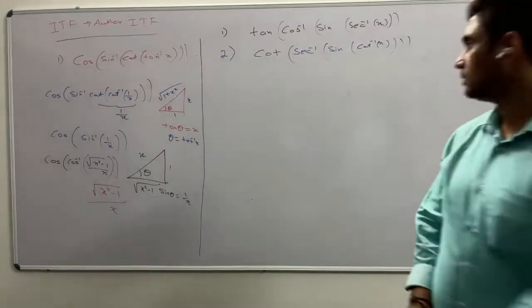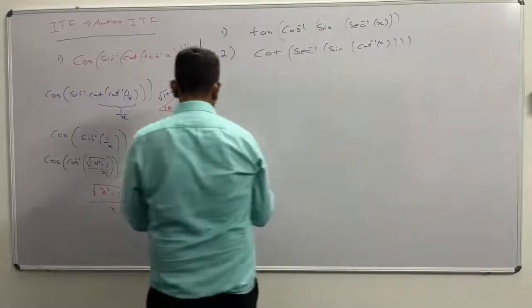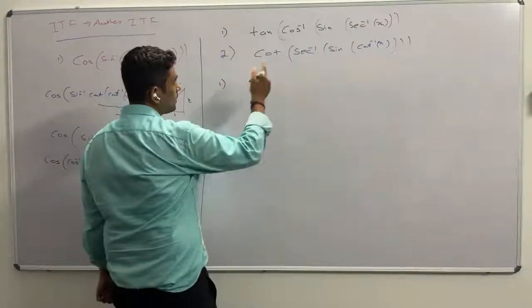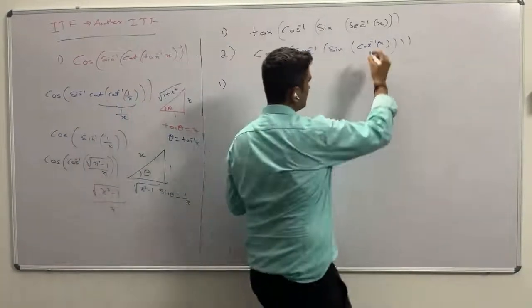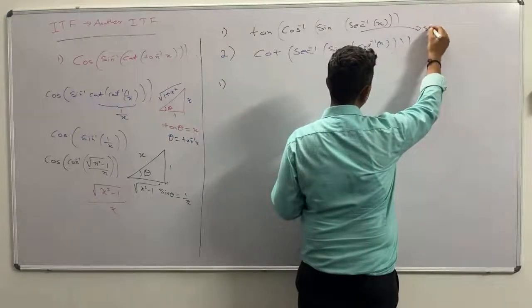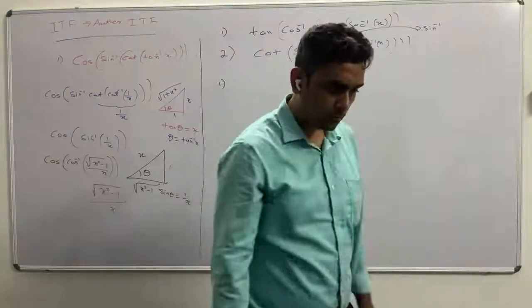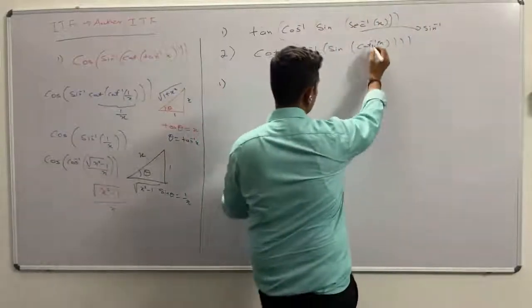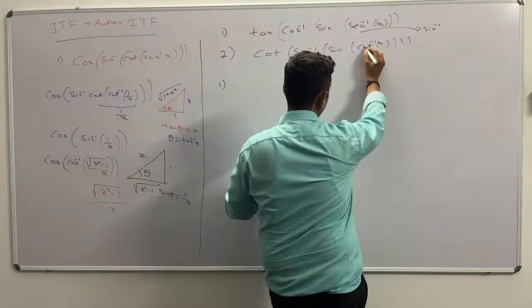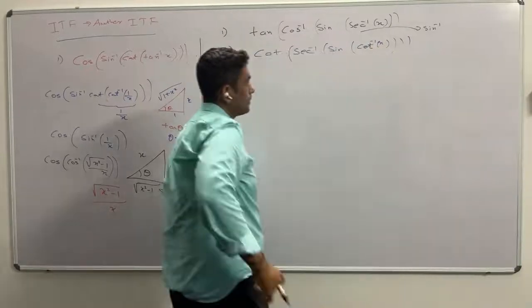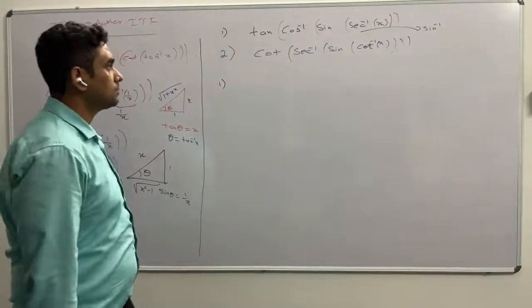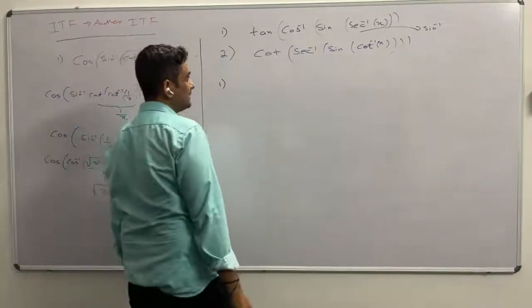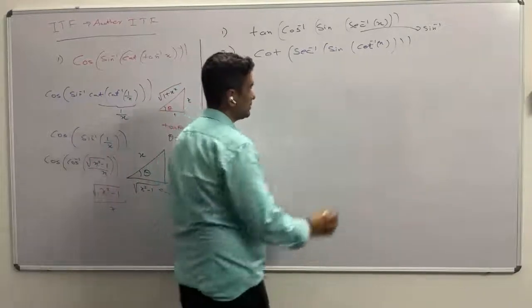All right. So in the first one, we have sine of secant inverse. So first we need to convert. Inner function, this is cot. Okay, so coming to the previous one, we have sine of secant inverse that we have to convert to sine inverse.